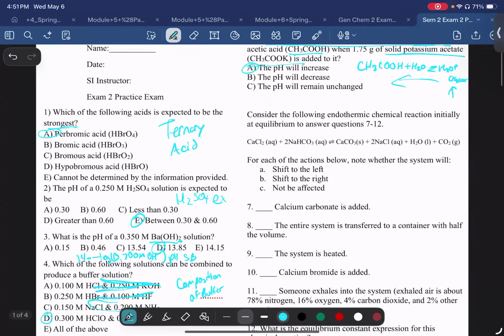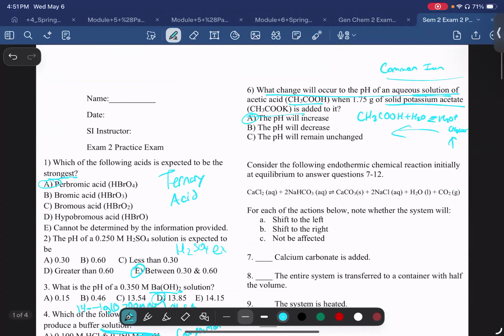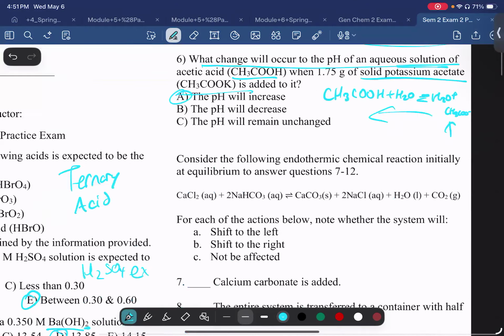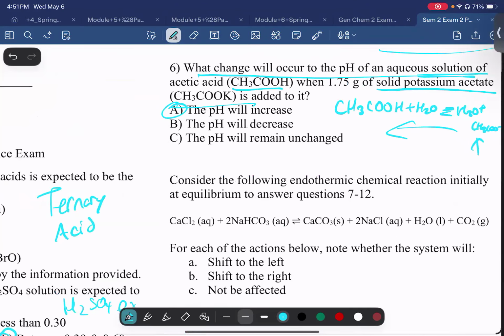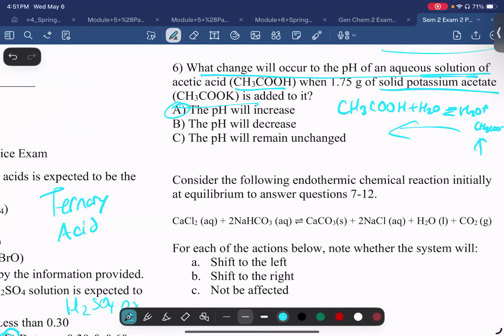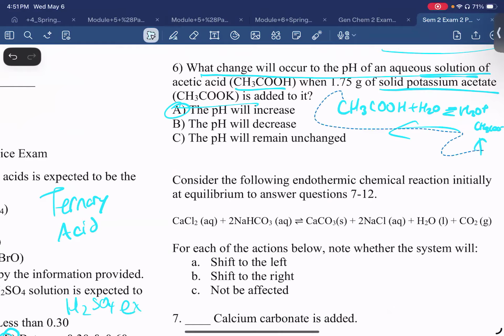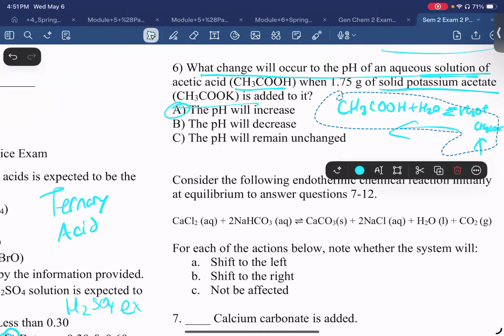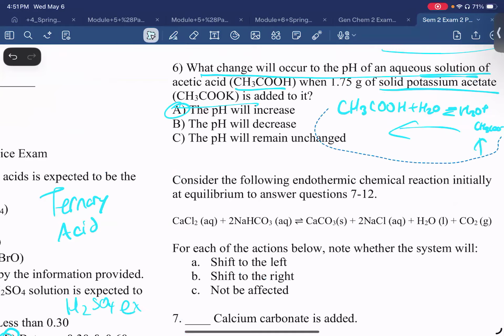That's the thing. Wait, can't that also be because, isn't acetic acid a weak acid, and then potassium acetate means it's a strong conjugate base, like the acetate? So wouldn't that, or maybe it doesn't have to do with that actually, never mind.